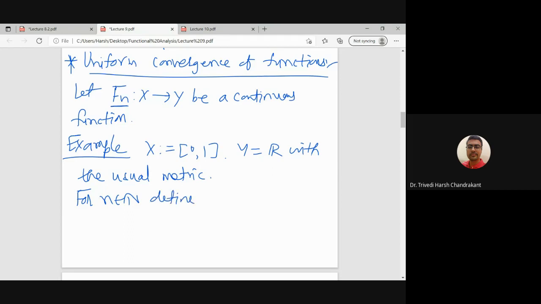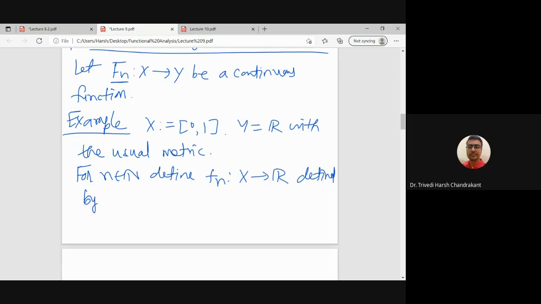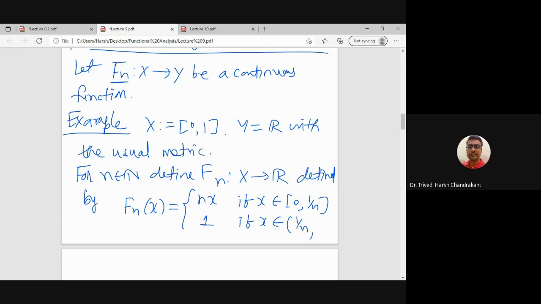Define F_n to be the function from X to R defined by: F_n(x) equals n times x if x lies in the closed interval [0, 1/n], and we take the value of the function to be 1 if x is in [0, 1] but outside this set, that means it is in the interval (1/n, 1].